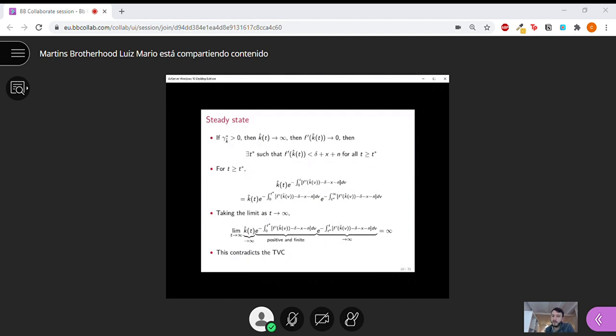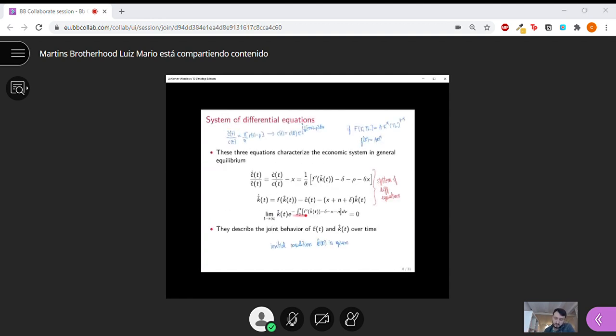So this is a proof by contradiction. We will first assume that the growth rate is positive, and then we see that this doesn't satisfy some of the conditions that we have in the dynamic system. And then we're going to do the opposite.